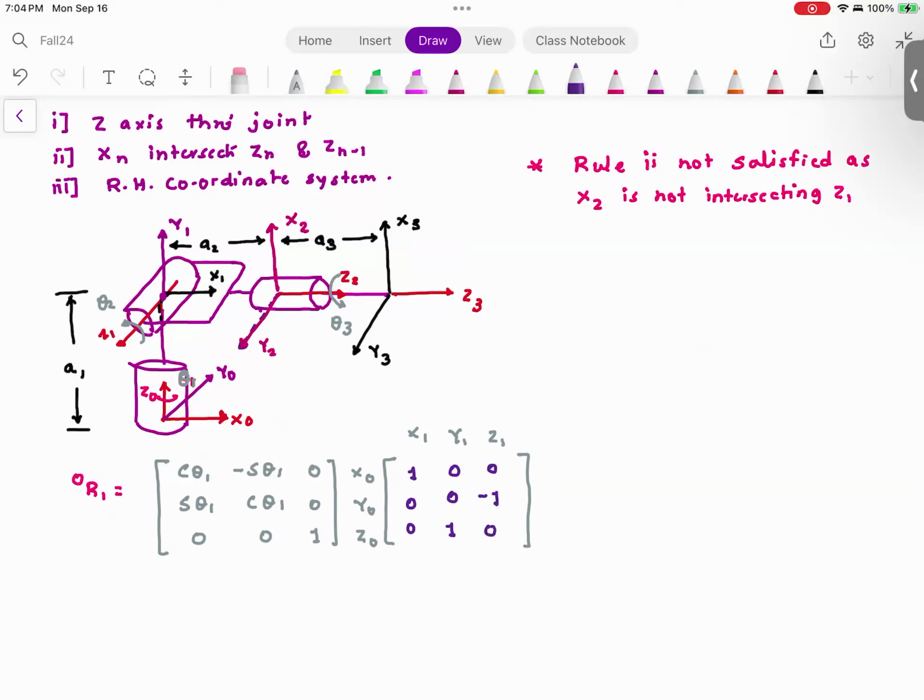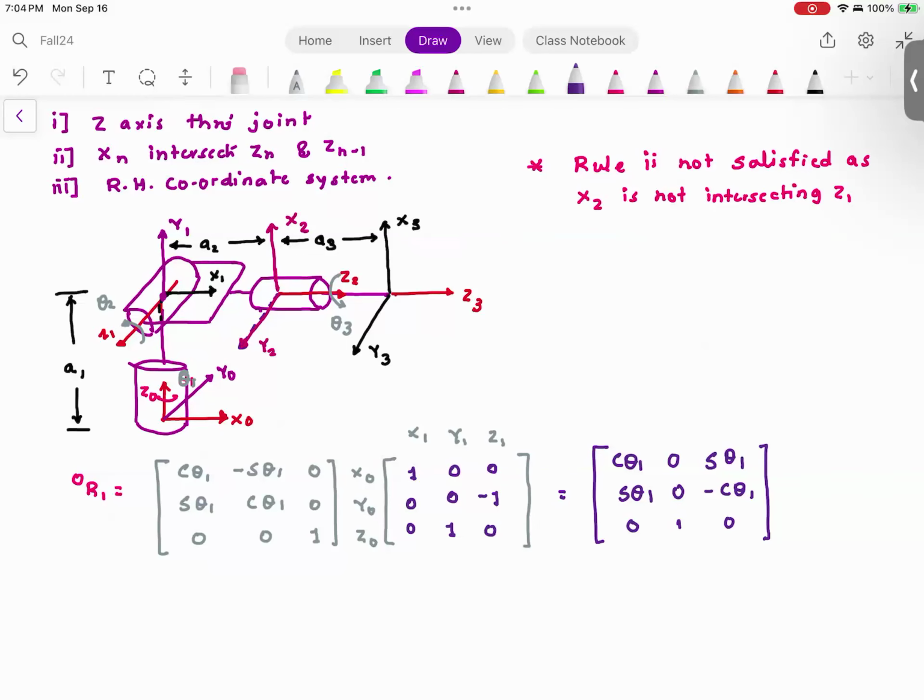Are you with me? So what I have is the final transformation. First row, first column, cosine theta 1. First row, second column, 0. First row, third column, sine theta 1. Second row, first column, sine theta 1. Second row, third column, minus cosine theta 1. And then the last row is 0, 1, 0.